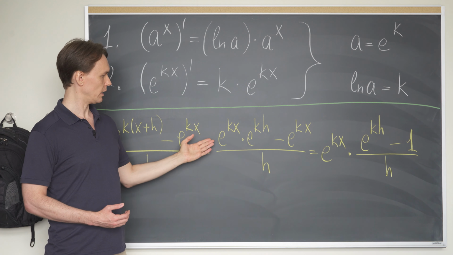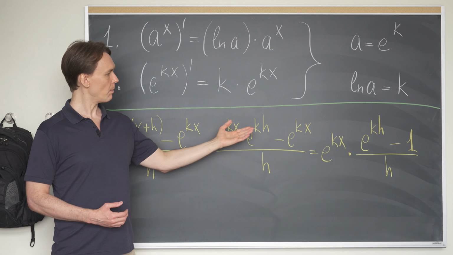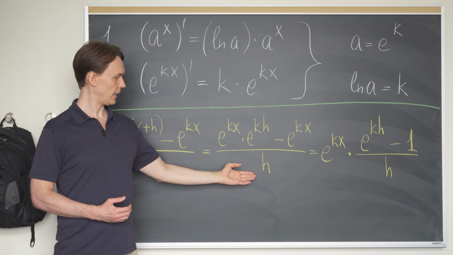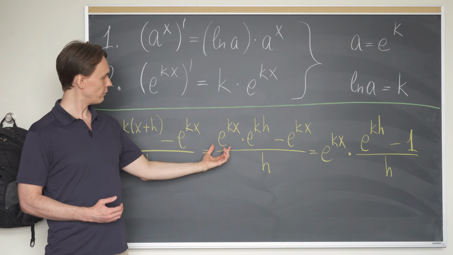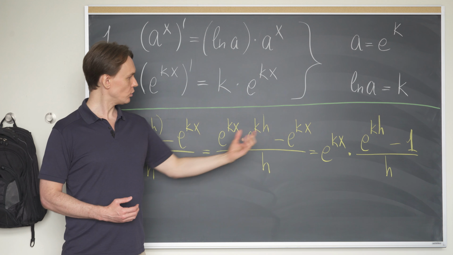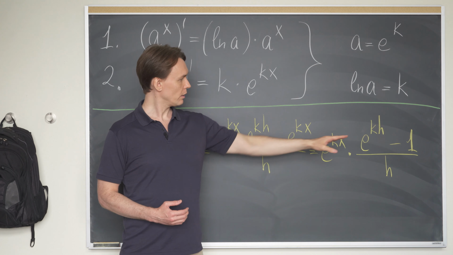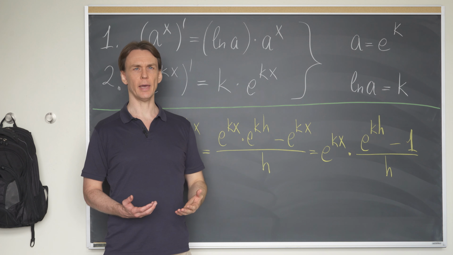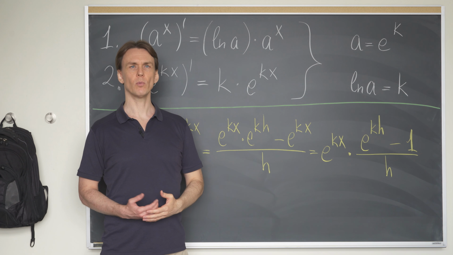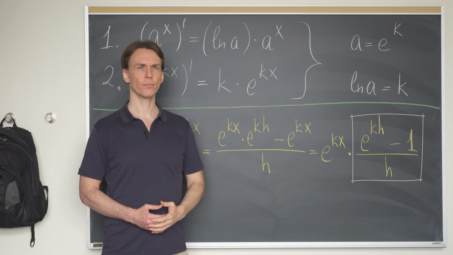So we can write it as e to the kx times e to the kh minus e to the kx, divided by this increment h. And so you can see that you can factor out this e to the kx, and then you are left with this second factor, which is e to the kh minus 1 divided by h. And we want to know what happens to this factor when h goes to 0.